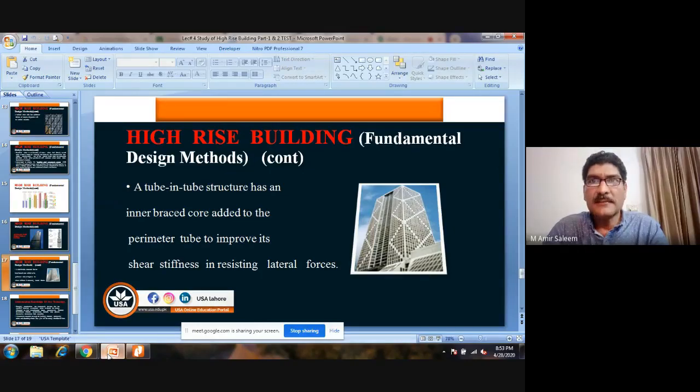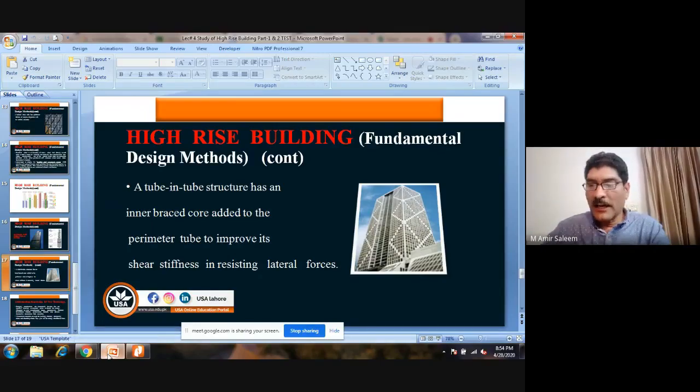So I always instruct my students: before designing a building, check the requirements, make a sketch, and then decide very properly, very honestly, the structural system. In this way, with a tube in tube structure, you can play as an interior designer and architect, with maximum open space for the liberty of your design.